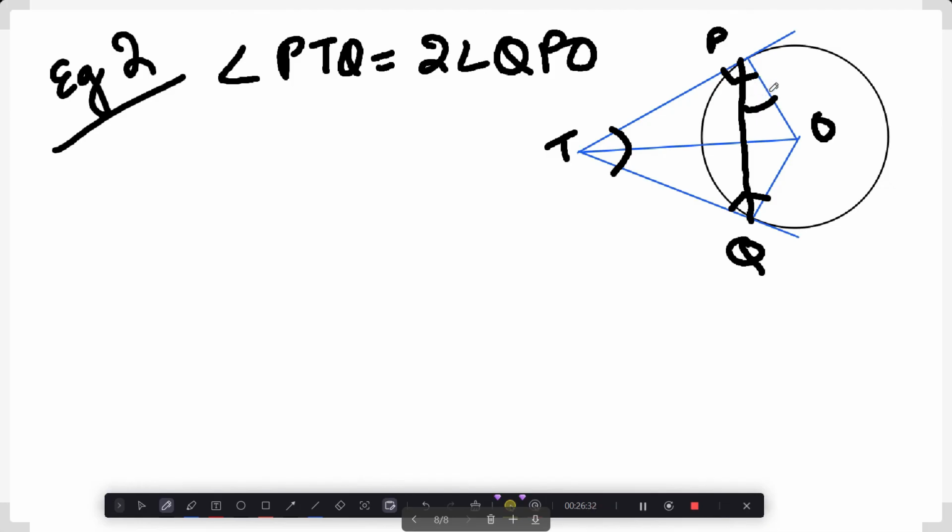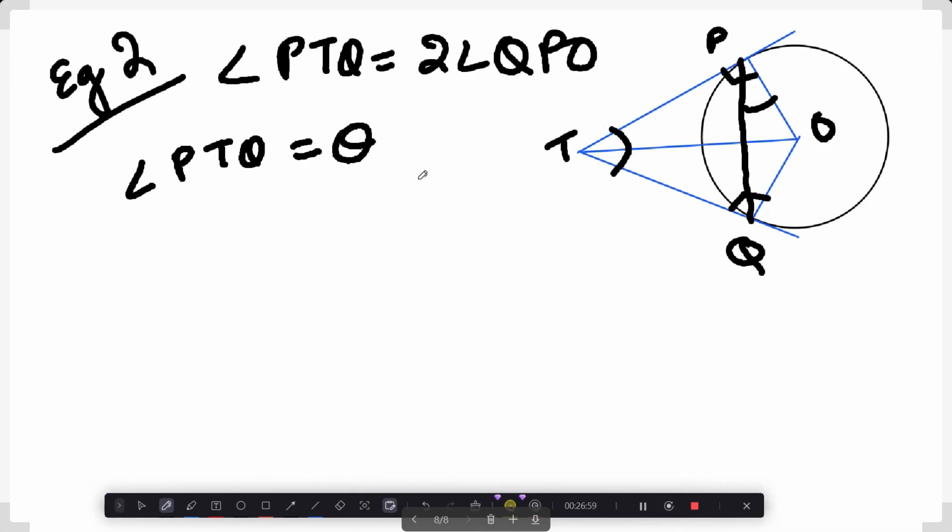So now, we know that this angle and this angle are equal, right? So let's assume angle PTQ is equal to theta. This is theta. Okay.